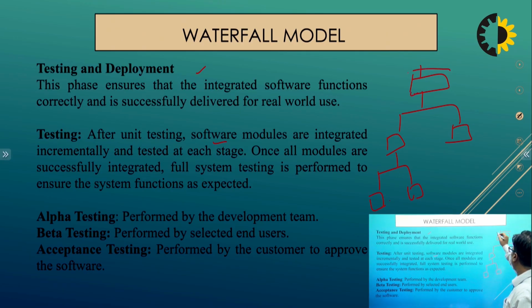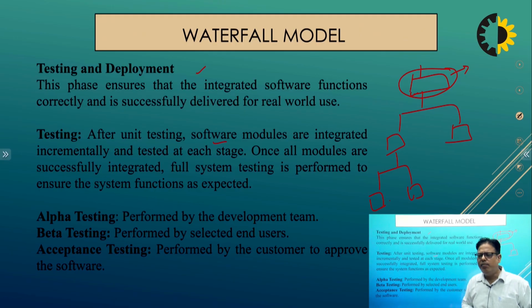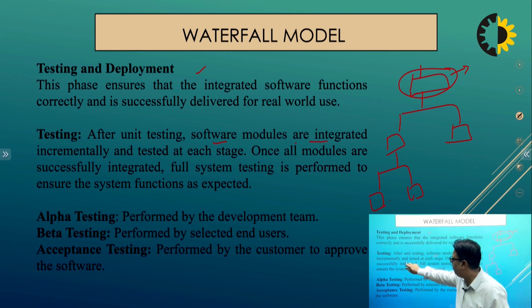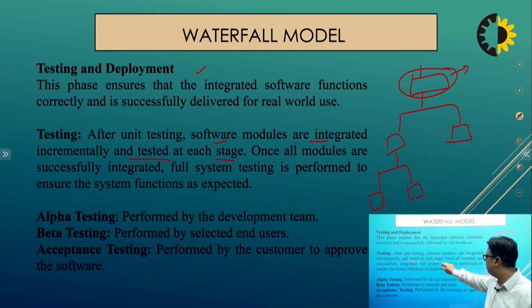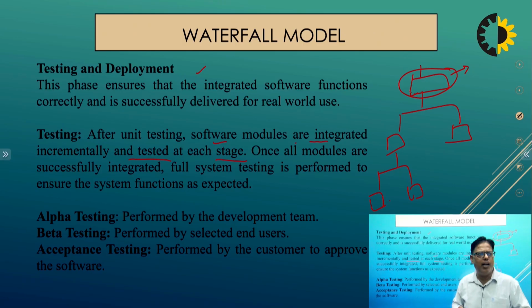Unit testing tests the individual modules, but in integration testing we integrate module M1 and M2, and after integration we need to test them. So we integrate incrementally and test at each stage. Once all modules are successfully integrated, full system testing is performed to ensure the functions are as expected.